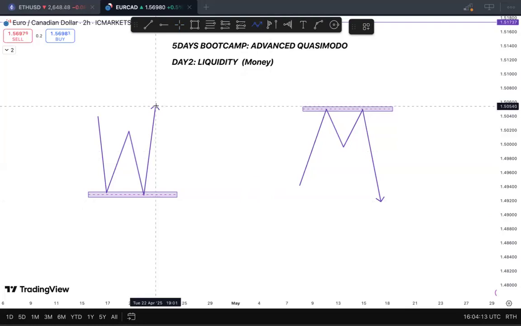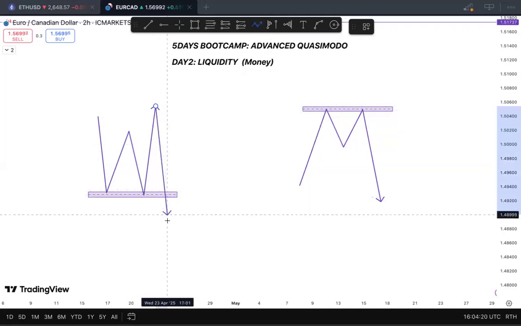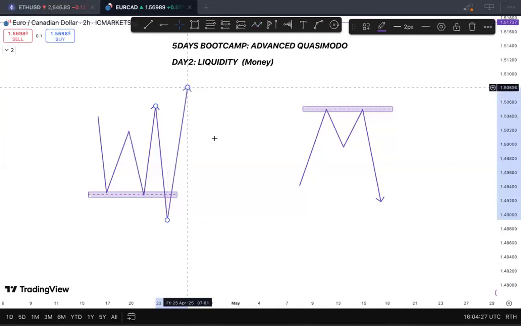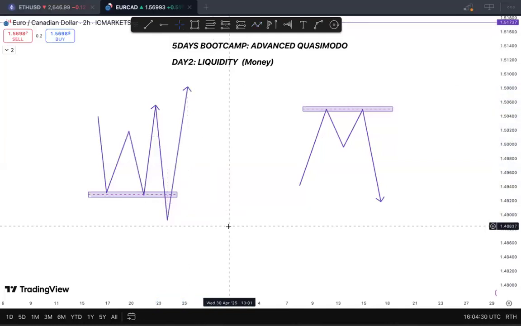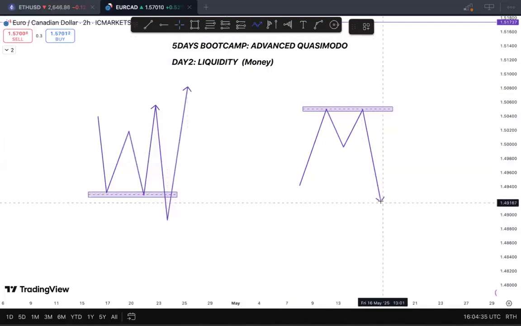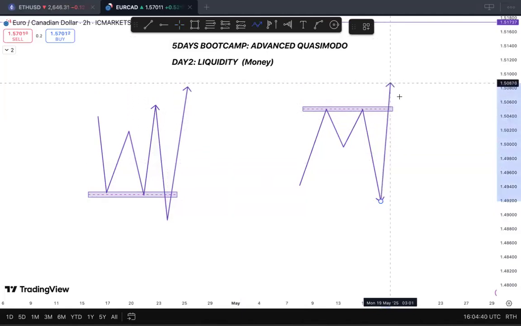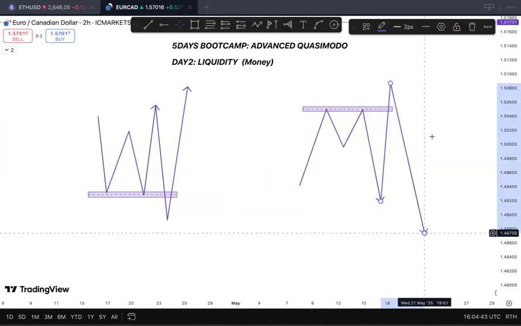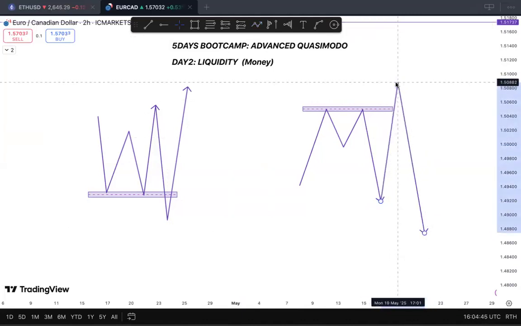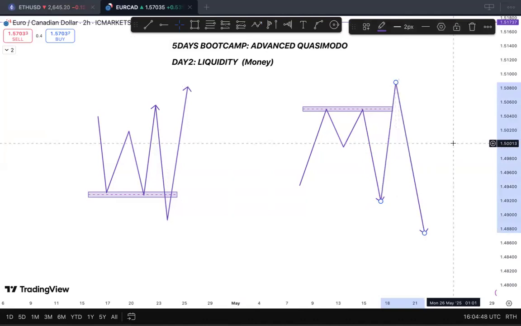For example, the market makers, the institutional traders, are going to move price, clear out all the orders set at these double bottoms, and then boom, take price to the next direction where they want it to go. The same thing here. They clear out every order here, and then boom. This is what we know to be liquidity. This is the traditional way of seeing liquidity.